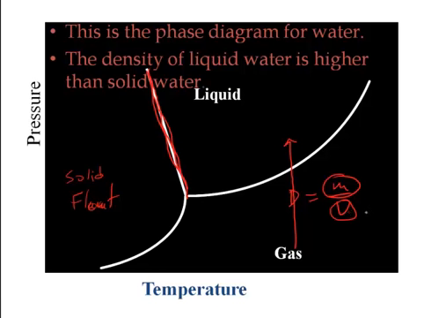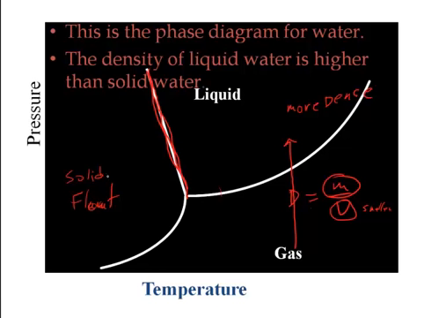It's going to cause that volume to get smaller, right? So as this gas goes up into the liquid state, the volume is going to get smaller, and that tells me the liquid here is going to be more dense, right?